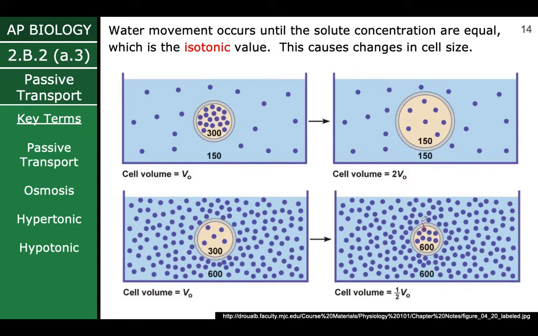So things are still moving, water's still moving out, and water's still moving in, even if they're nice and isotonic. Okay, isotonic means that the inside is equal in concentration to the outside. But for every one particle of water that leaves, one particle of water comes in. Okay, so it's equal. So even though it's at equilibrium, that does not mean that there's no movement. It just means that the movement is equal.